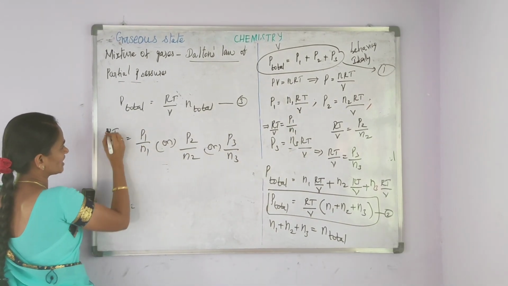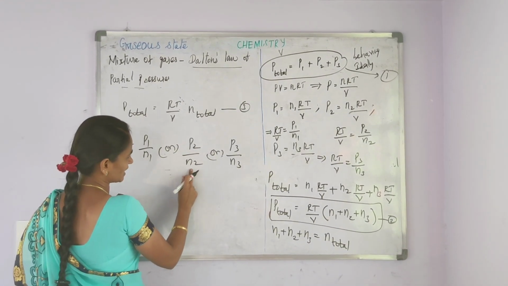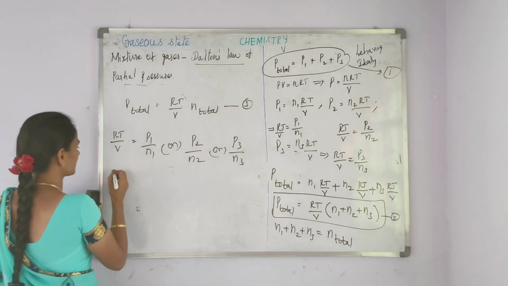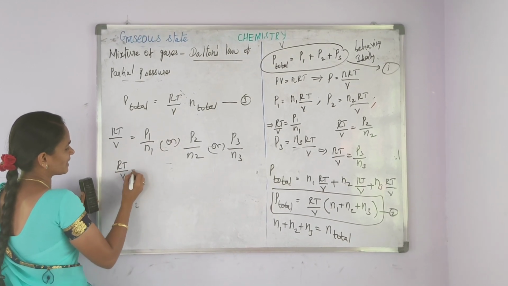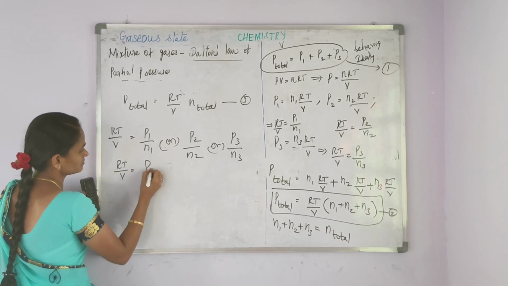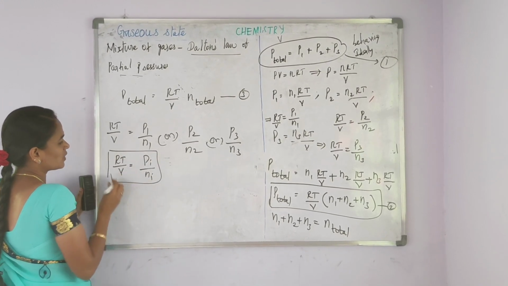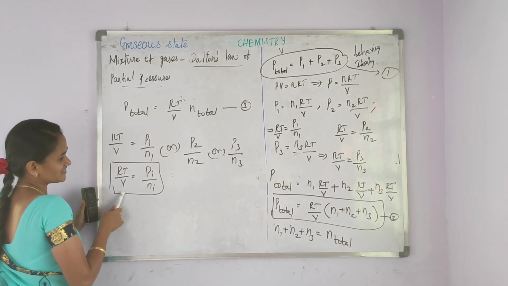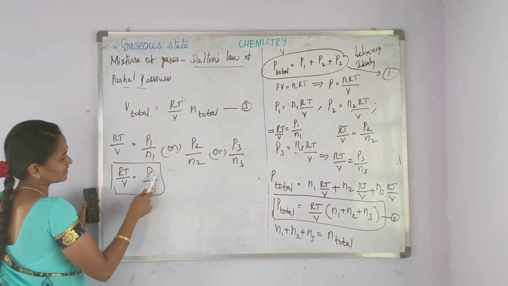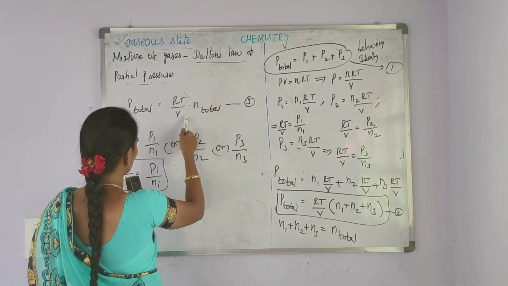So, I am writing generally RT divided by V is equal to Pi divided by ni. Now, I am substituting the value RT divided by V equal to Pi divided by ni in equation number 3.